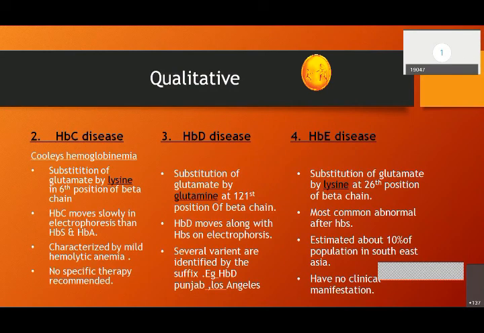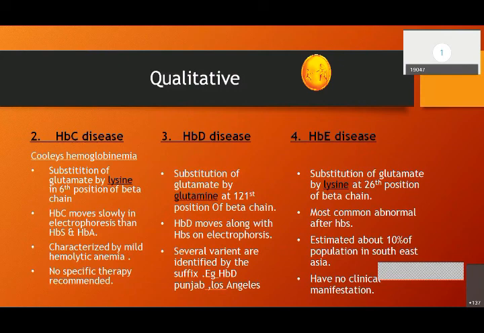When we diagnose HbC by electrophoresis, we find that it moves more slowly than HbS and HbA. It has both forms, homozygous and heterozygous. It is characterized by mild hemolytic anemia, and there is no specific therapy recommended for this disease.